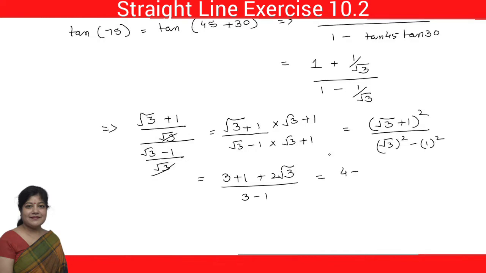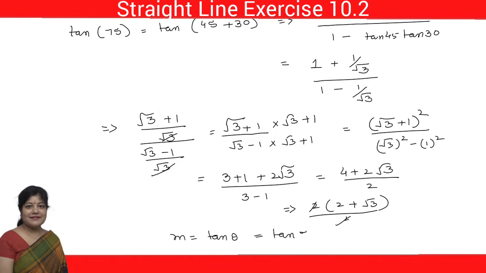So that is 4 plus 2 root 3 over 2. Now we take common, so it is cancelled. So m is equal to tan theta, which is equal to tan 75, and its value is equal to 2 plus root 3.